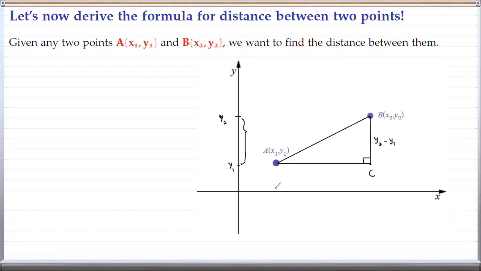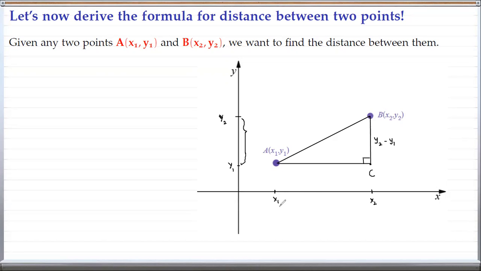We can use the same idea to find the length AC. So if you look at B again, this value on the x-axis will be X2. And if you look at A here, this value on the x-axis will be X1.